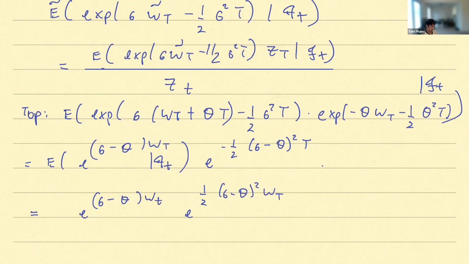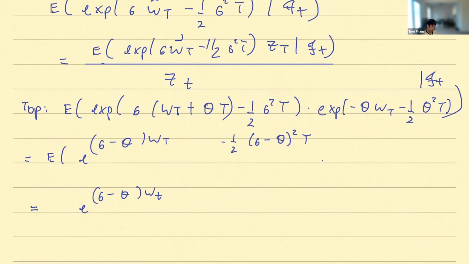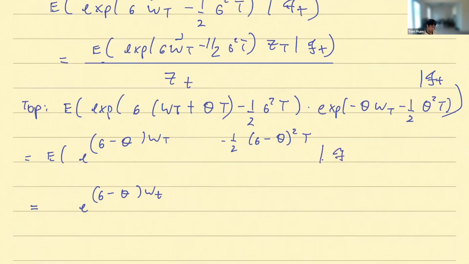The reason is because, hold on. Let me try to think. You know what? I'm silly. I should put everything here in conditional notation, like this. And then because this is a martingale now, I'll get this.